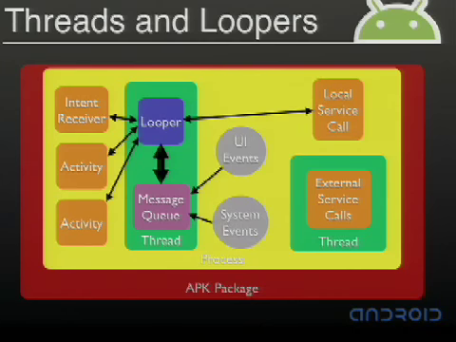The reason it does that is that otherwise it would be very easy for developers to write code that could deadlock two processes together. And so to prevent that, the binder will actually run extra process service calls in a separate thread.